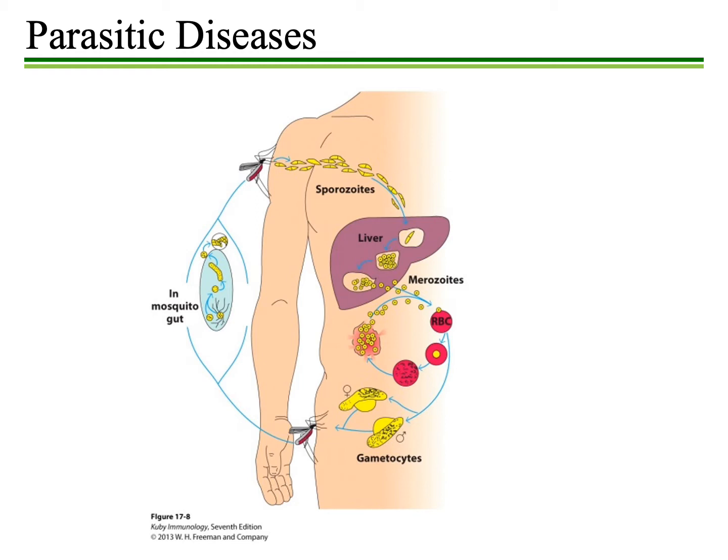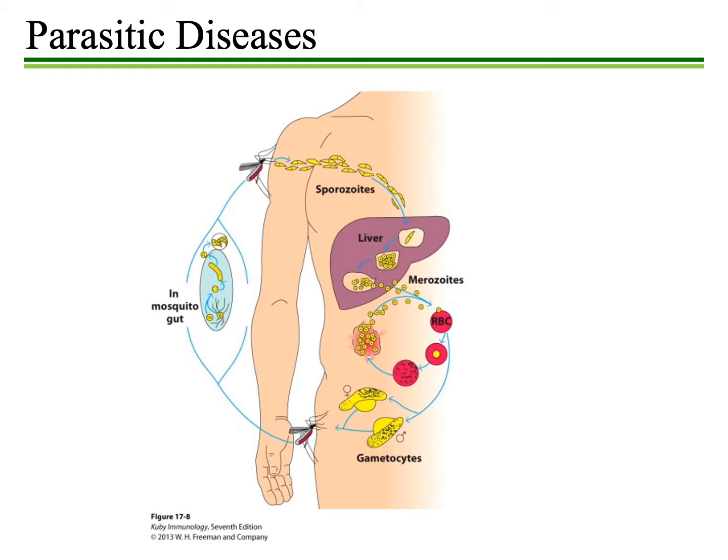At this point, the life cycle stage is known as a sporozoite and has specific antigens associated with that life cycle stage. Those sporozoites travel to the liver, where they convert into a different life cycle stage known as merozoites. The merozoites leave the liver, enter into the bloodstream, and infect red blood cells.